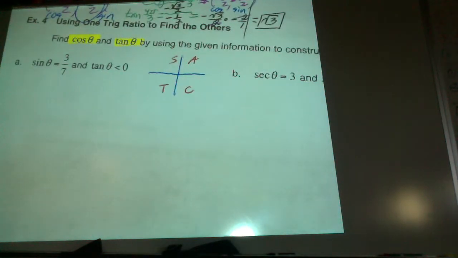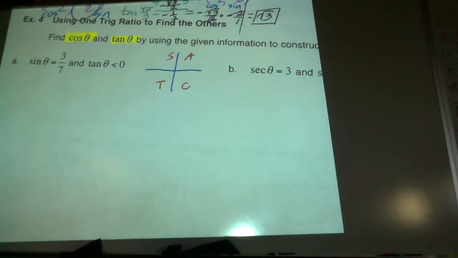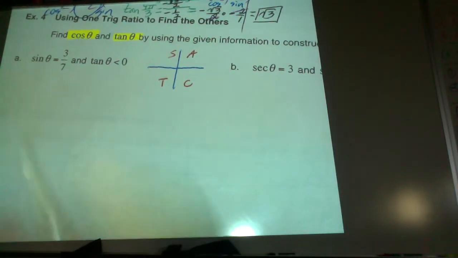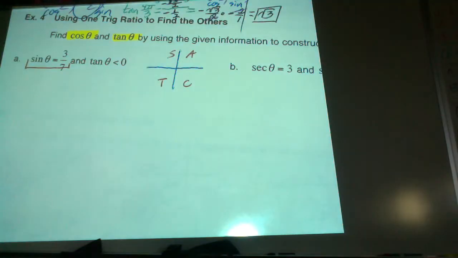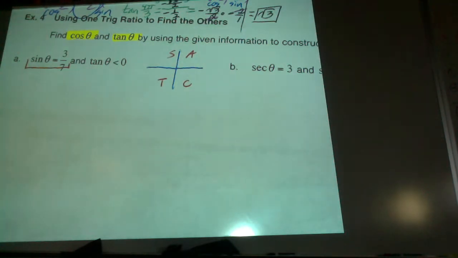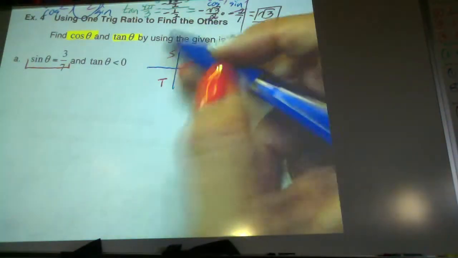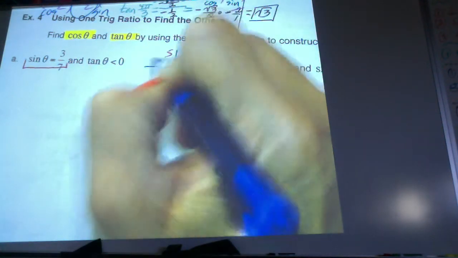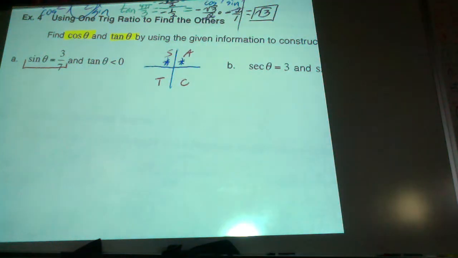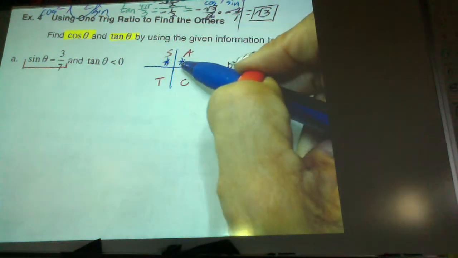True or false? All right, so they're telling you here that the sine of theta is 3/7. Isn't that an overall positive number? I don't know what theta is, but it's an overall positive value. Where is sine positive? It's positive here and here, isn't it? All means all of them are positive.